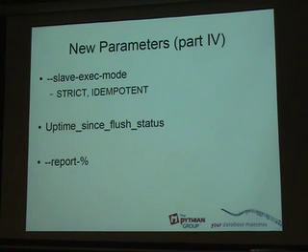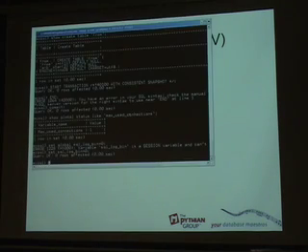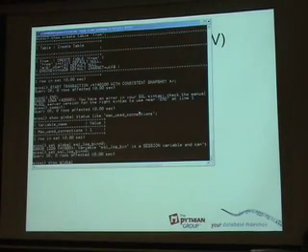There are new read-only global system variables. So show global variables like report_host, report_password, report_port, report_user. Let's just do this, it'll be easier. Show global variables like 'report%'.